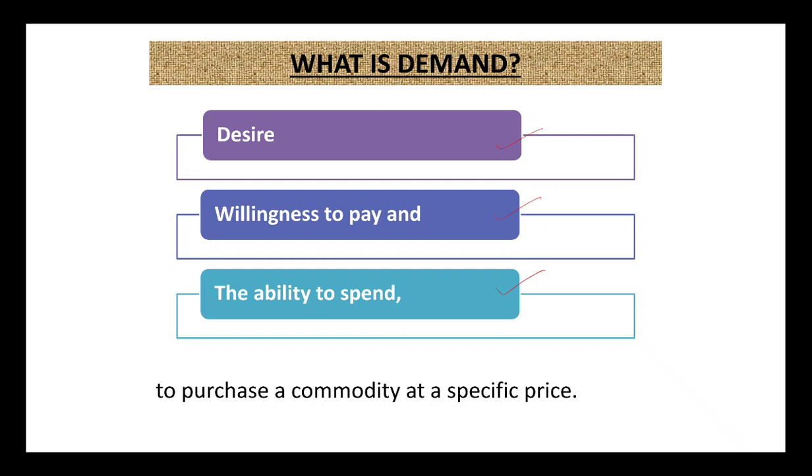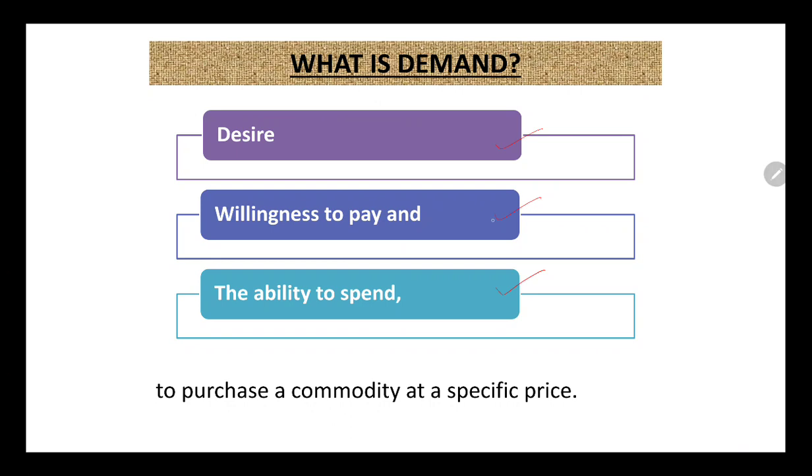Let's say you went to a mall, you need to purchase a few commodities, you went to the fashion brands and you want to purchase a pair of jeans. What will happen, firstly you will select and your liking will be there, so your desire will be there to purchase a commodity. Then you will see the price tag, you will see whether you are willing to spend that much amount for that particular jeans.